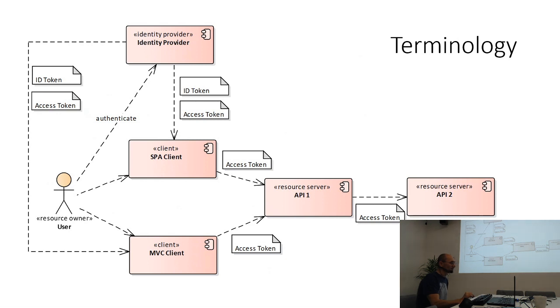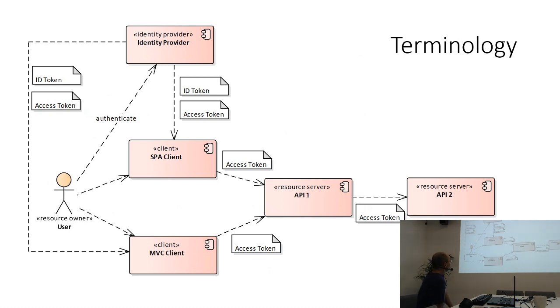Before I say something about the standards, just quick terminology, because we will use this terminology throughout the presentation. The identity provider, I already mentioned what it is. It's an external component which implements the authentication and which issues the tokens. It implements OpenID Connect and OAuth 2. The ID token and access token I explained, and that's actually terminology from OpenID Connect as well.